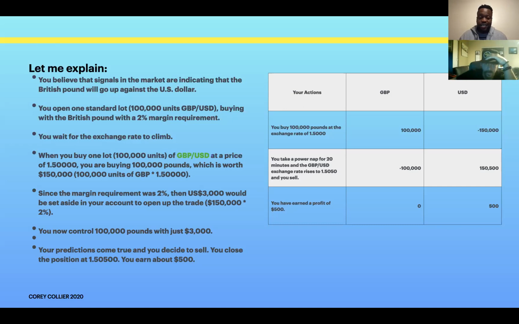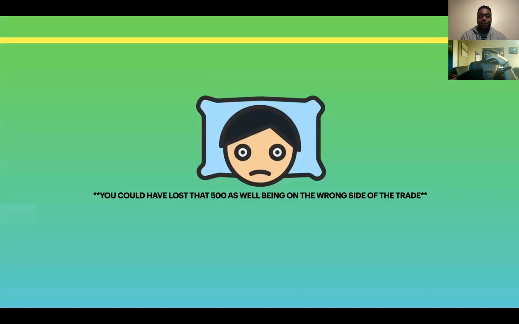And if your predictions come true and you close your order up 50 pips, you just earned about $500. Now, on the flip side though, guys, you could have also lost that $500 by being on the wrong side of the trade. And that's why we say leverage is a double-edged sword.